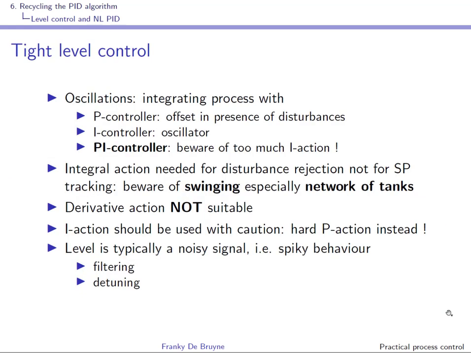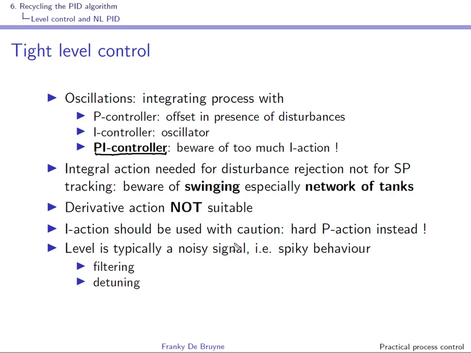For tight level control, you'll use a PI controller. Of course, by now you should know that you shouldn't use too much integral action. You might think that a P controller is sufficient because you have an integrator in the process. Well, this is sufficient for set point tracking, but this is not sufficient for disturbance rejection.